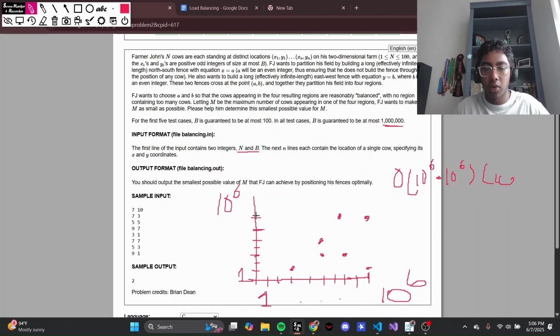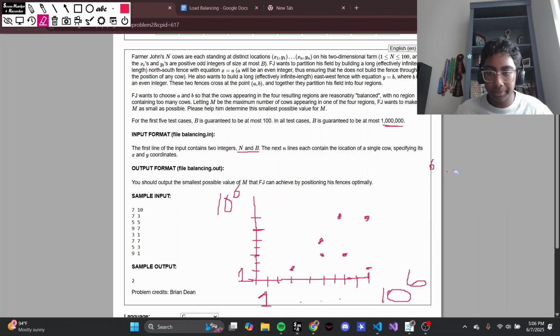So for one north-south fence, you would try all of the east-west fences. At that point it's too slow because it would be 10 to the 12, and even once you're brute forcing all of the fence locations, you still have to check. So that's way too slow and you won't get a full solve doing that. You'll get the first 5 test cases where b is guaranteed to be at most 100, but you wouldn't get the full solve.